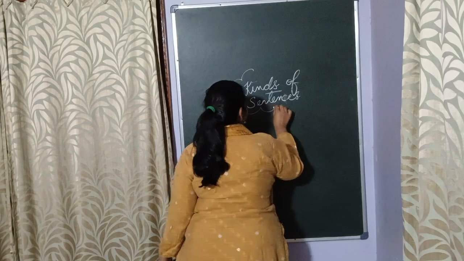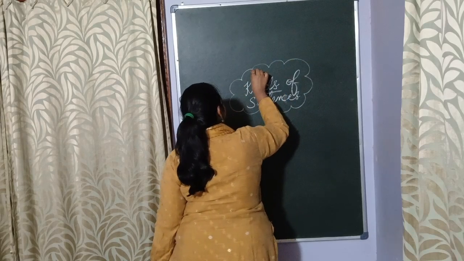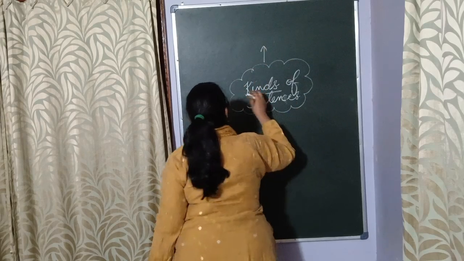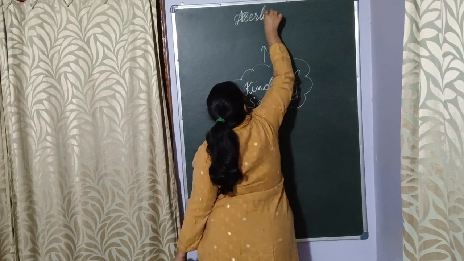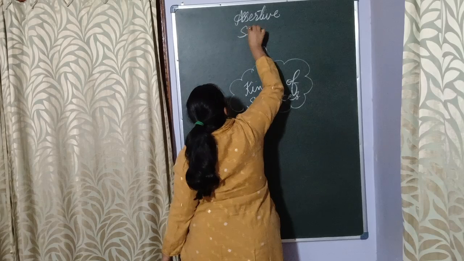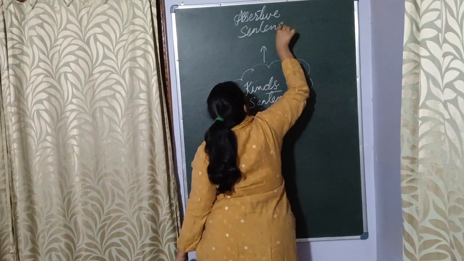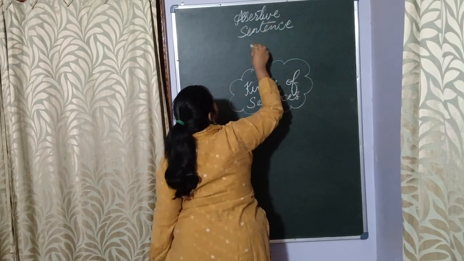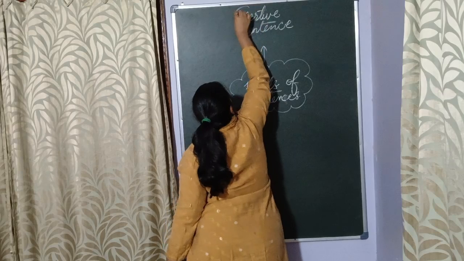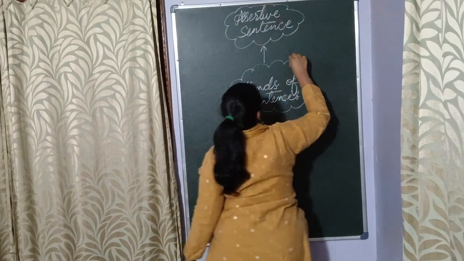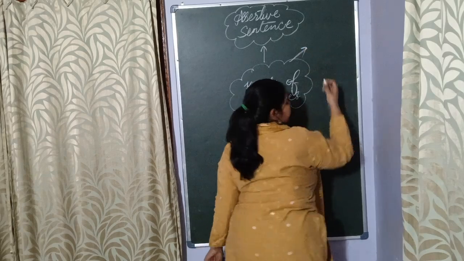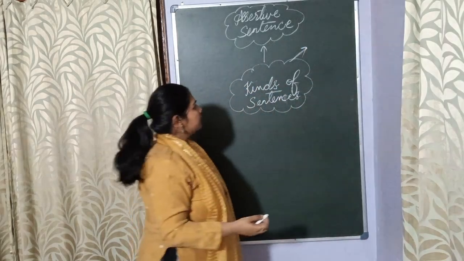If I make a cloud, you will have assertive sentence. Next would be, you can draw this chart, draw it.